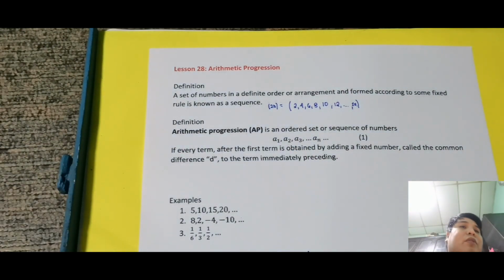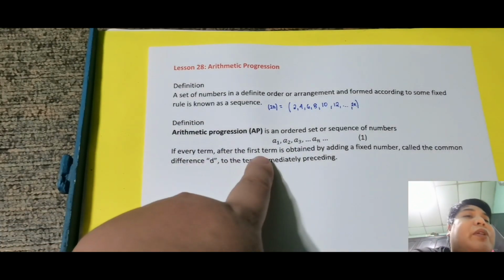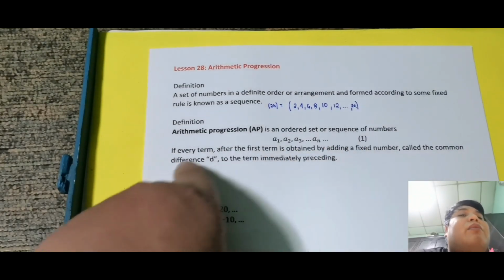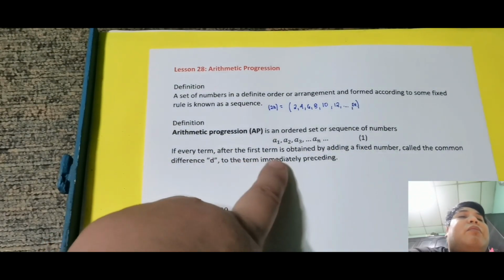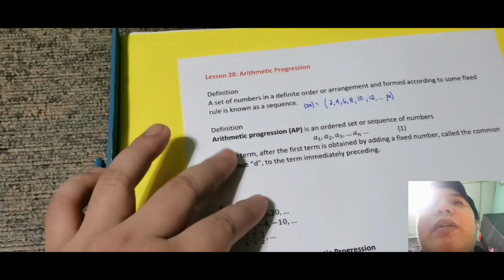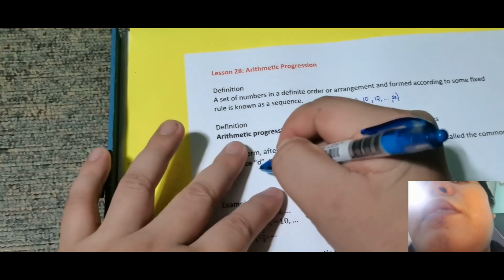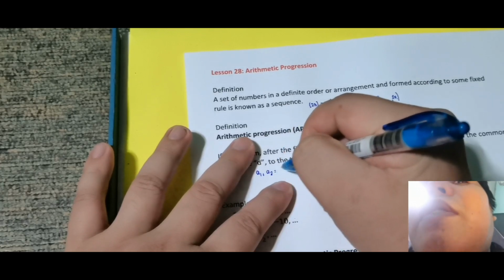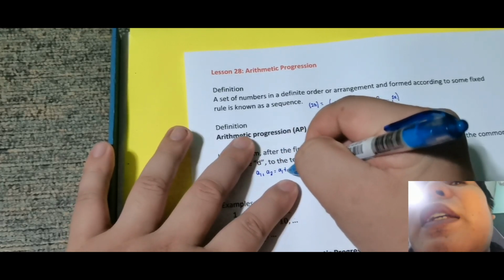Again, yung arithmetic progression natin is a set of numbers in the form a sub 1, a sub 2, a sub 3, up to a sub n, if every term after the first term is obtained by adding a fixed number called the common difference d to the term immediately preceding. Ano ibig sabihin nun? Una sa a sub 1, pangalawa sa a sub 2. A sub 2 equals a sub 1 plus d.